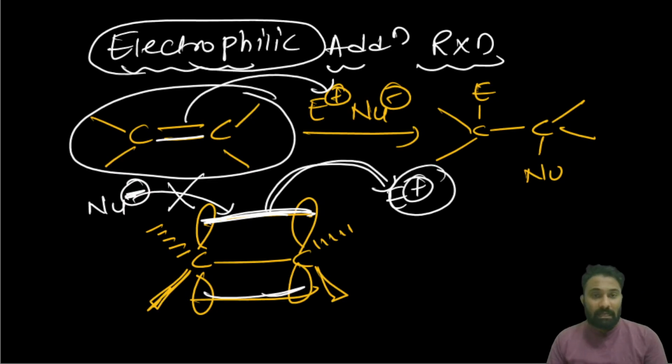Then here in alkenes there are two types of reactions. In the chemical properties of the alkene, we have two types of reaction. One is the classical carbocation mechanism, and the other is the non classical carbocation mechanism. Now we'll see which one will give the classical carbocation and which one will give the non classical carbocation.